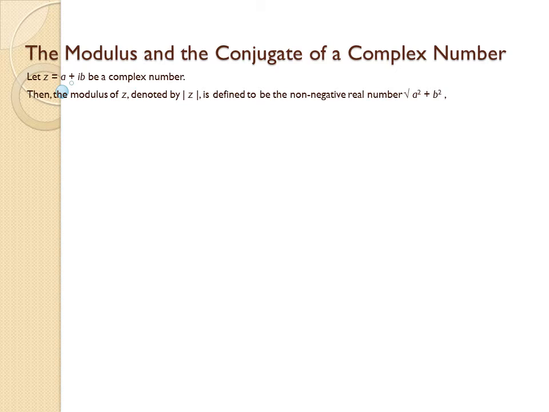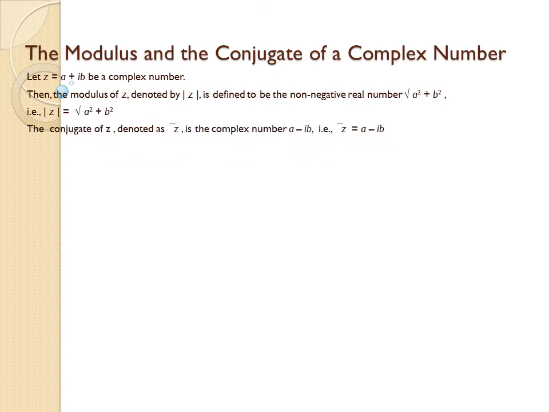So this is the modulus. Modulus means the magnitude. What is the magnitude of a complex number? I can write mod z equal to root over a square plus b square.